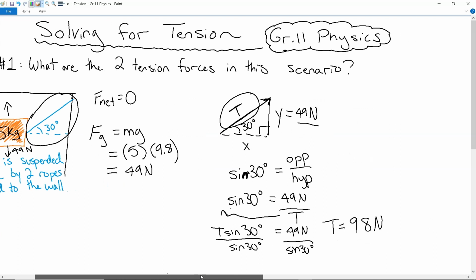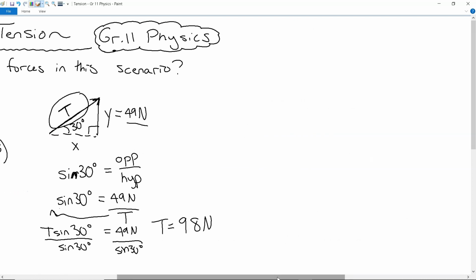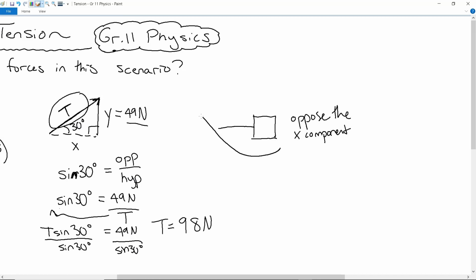Now we need to think about our other rope. Because our other rope is just horizontally attached to the box, it doesn't have to do anything with regards to gravity, but what it does need to do is oppose the x component of this rope right here, right?